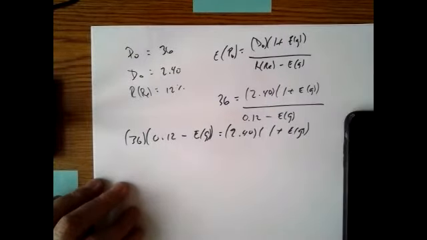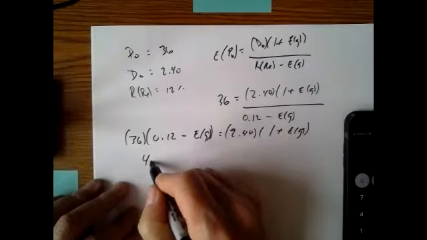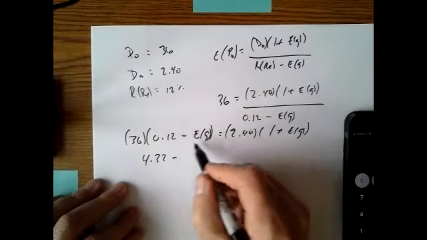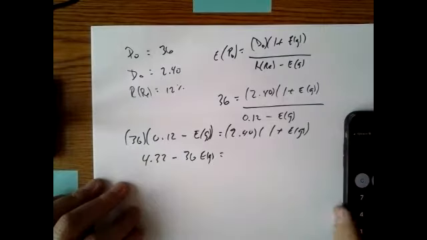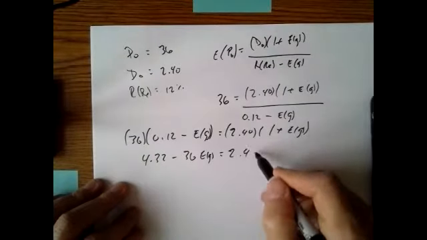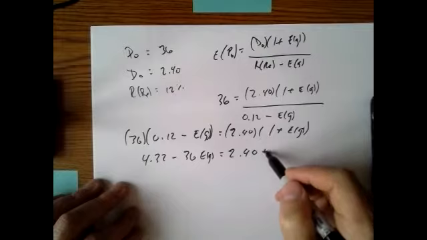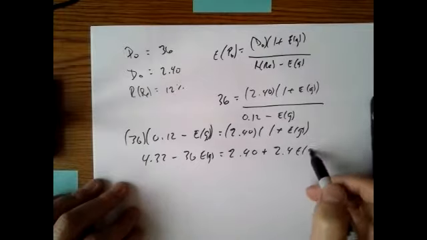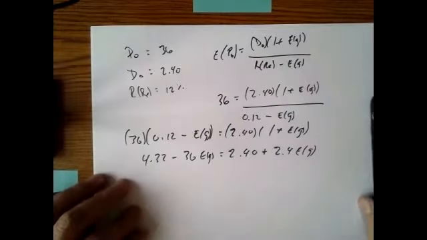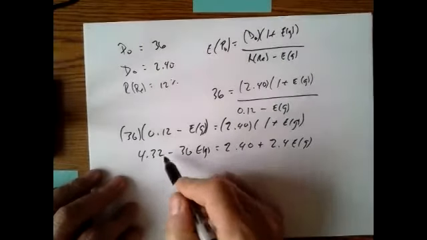36 times 0.12 is 4.32 minus 36 EG is equal to 2.4 plus 2.4 EG. And now I'm going to consolidate terms.